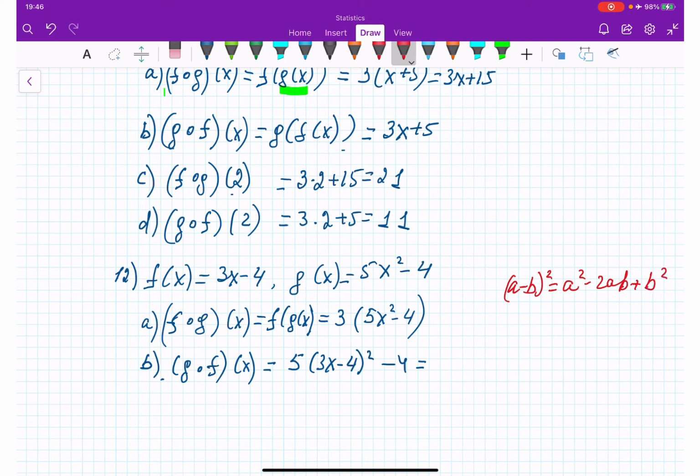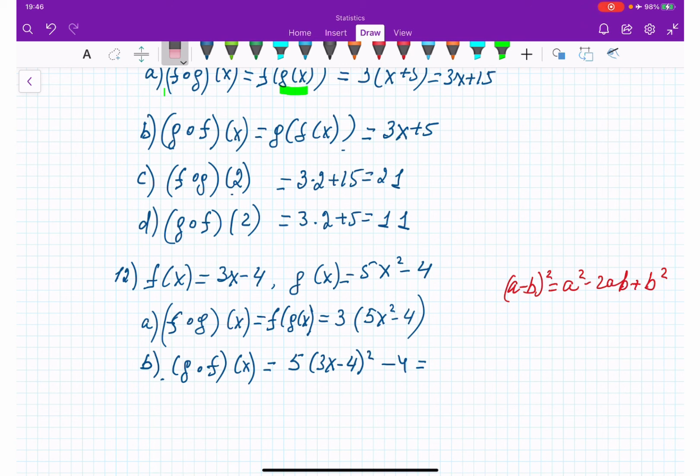For the students who don't want to remember this formula or use the shortcut, you can go ahead and multiply the two parentheses by each other, like 3x minus 4 times 3x minus 4. You can do it this way also. You're still going to end up with what we have.